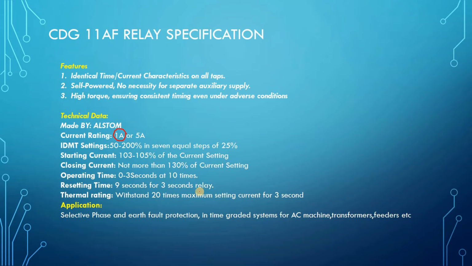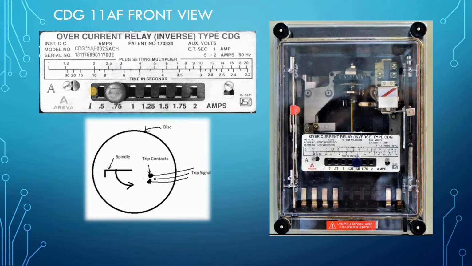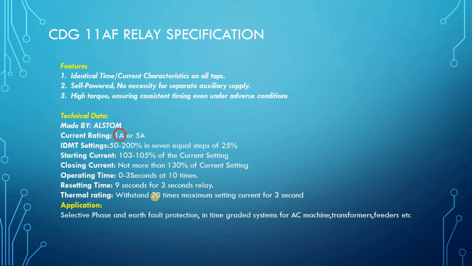We will see in part 2 what the different types of inverse characteristic are. For this relay which we are going to study here, we have 3 seconds at 10 times current setting.